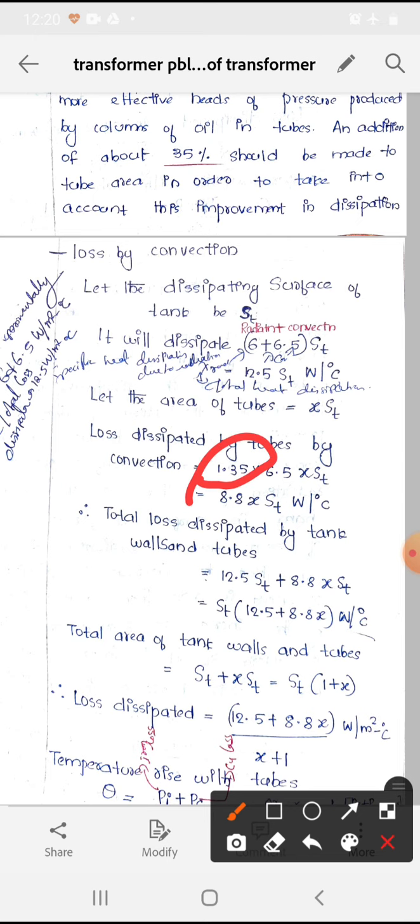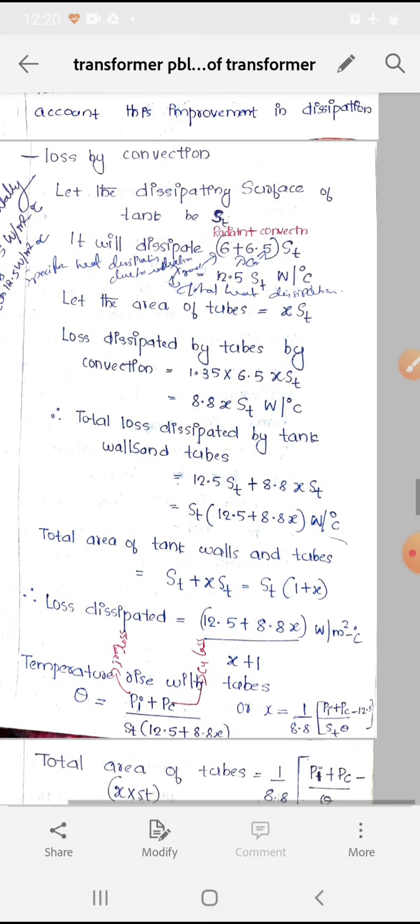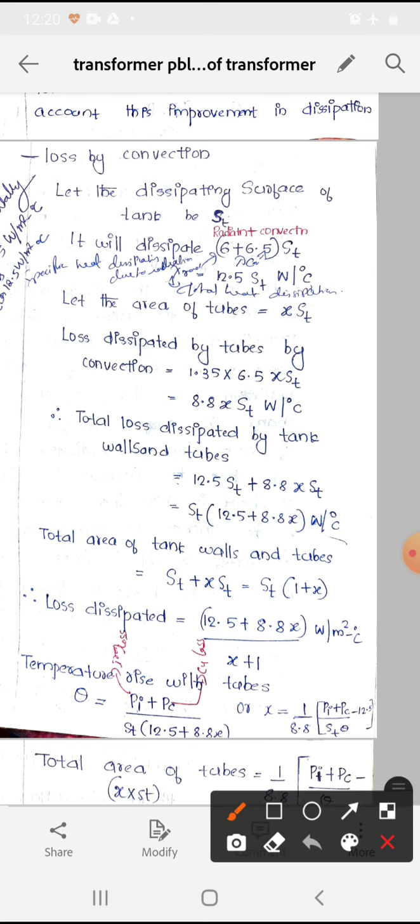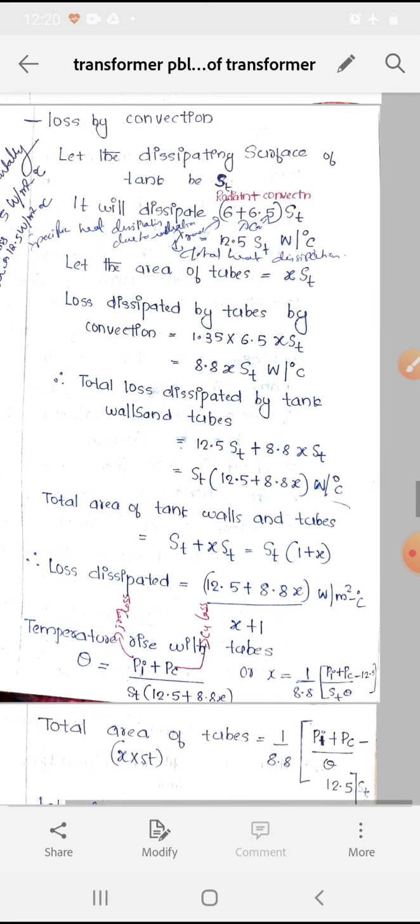Therefore the total loss dissipated by tank walls and tubes is 12.5 ST plus 8.8 XST. Total area of tank walls and tubes is ST plus XST. Now the loss dissipated is equal to this divided by this.